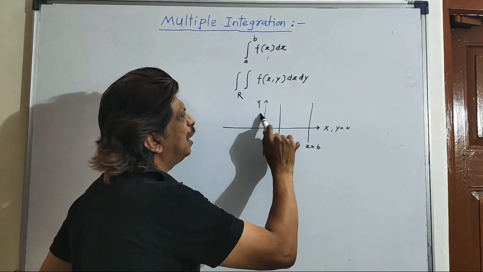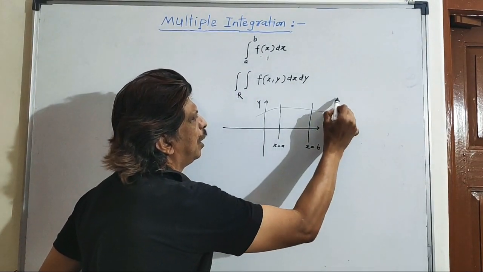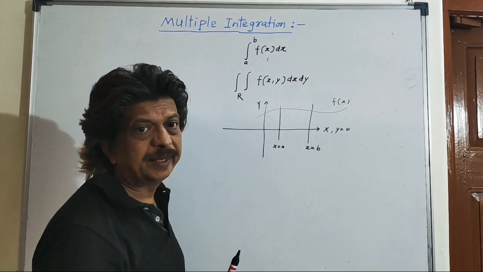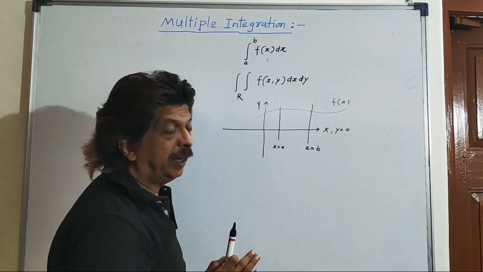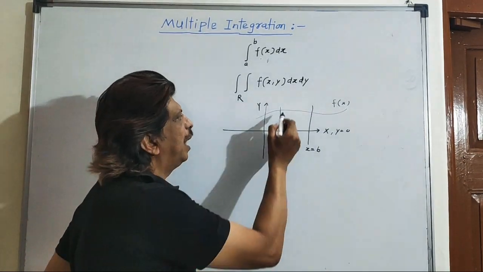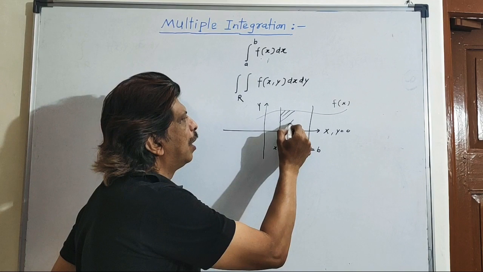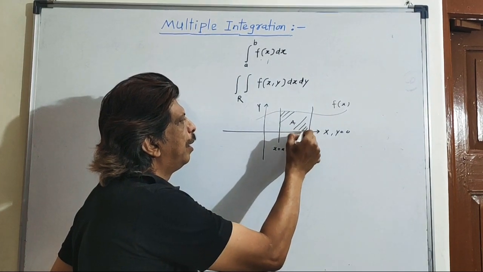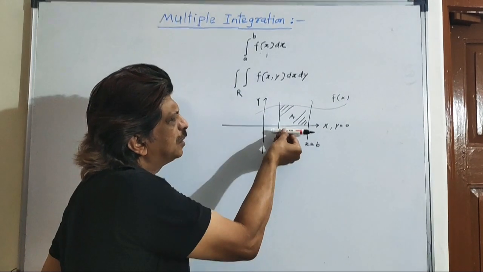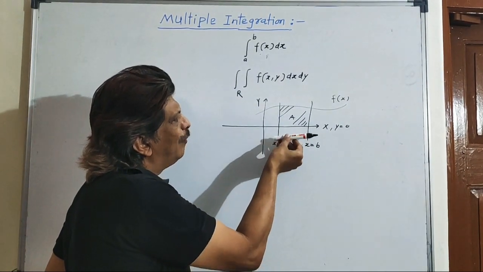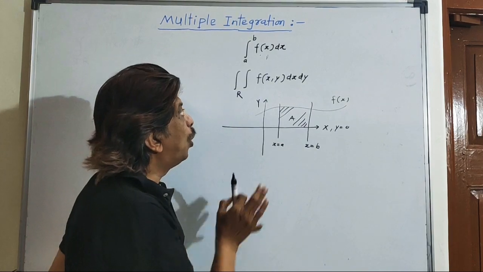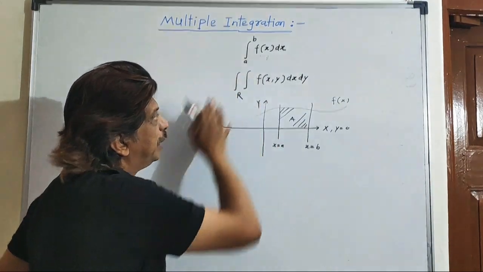If this is a graph or plot of y equal to f of x, then the single integral a to b f of x dx is this area, bounded by x equal to a, to x equal to b, and from y equal to 0 to y equal to f of x. This is the four curves.